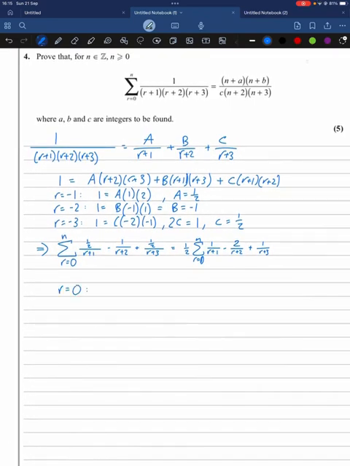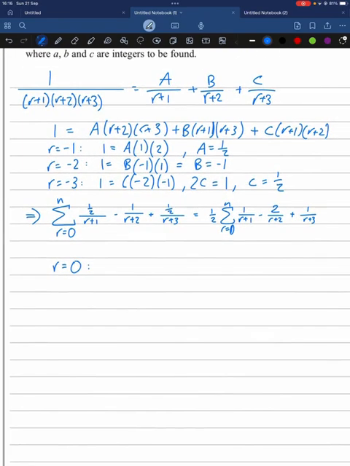Now, we're going to start from r equals 0 instead of r equals 1. So r equals 0, we're going to get a half lots of, when r is 0, 1 over 0 plus 1, which is 1, minus 2 over 0 plus 2, which is 2 over 2, which is 1, plus 1 over 0 plus 3, which is a third. And r is 1.